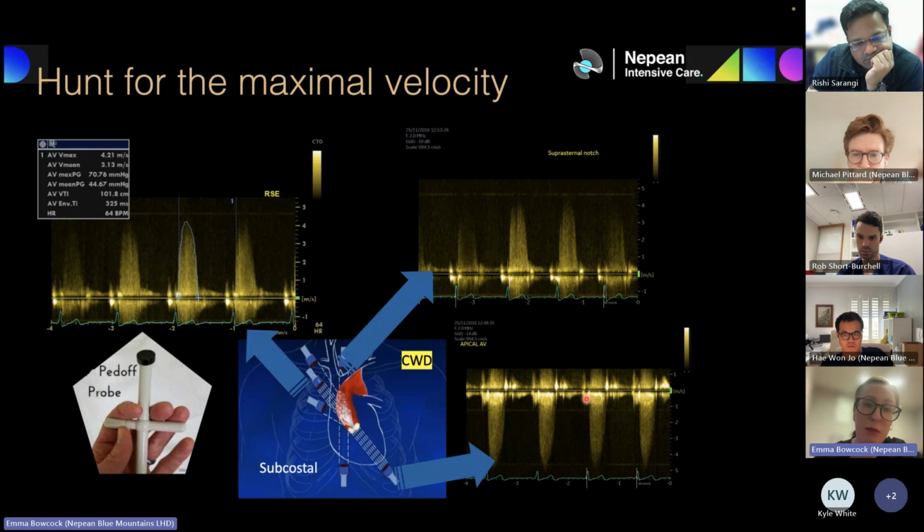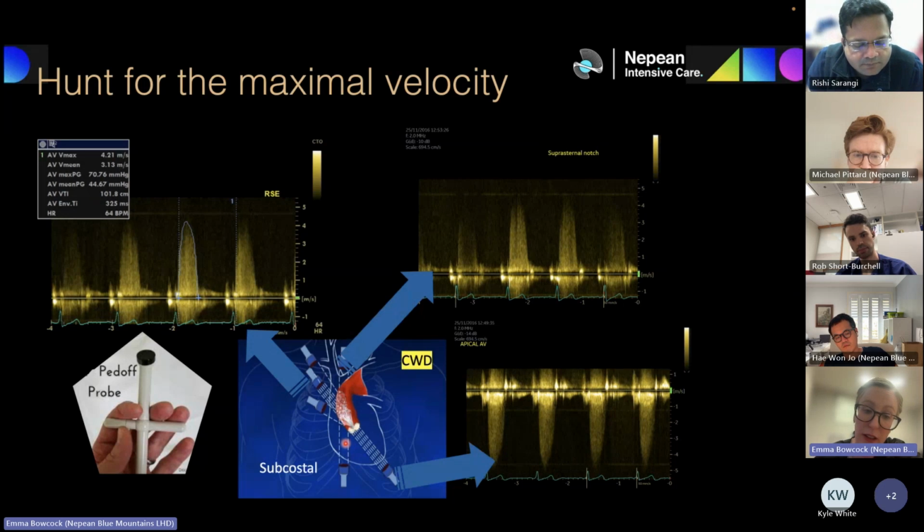So you're saying that someone has pretty much critical aortic stenosis. So yeah, there's a bit of training involved with interpreting the waveforms as well, making sure you're not getting cross-contamination with the mitral regurg. And as I said, that subcostal view can sometimes be handy to pick up the highest gradient as well.